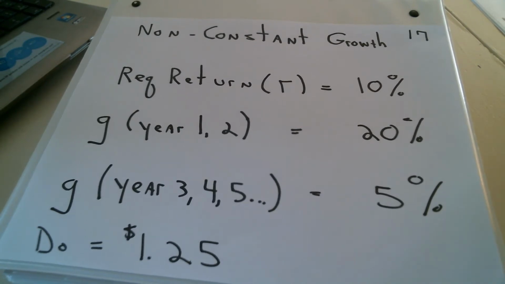Again, think of it this way. I received $1.25, D0. I sold it to you, one of you guys in class, and now you're holding the stock. So we have to use this D0 as a benchmark, starting point to come up with the subsequent dividend amounts.